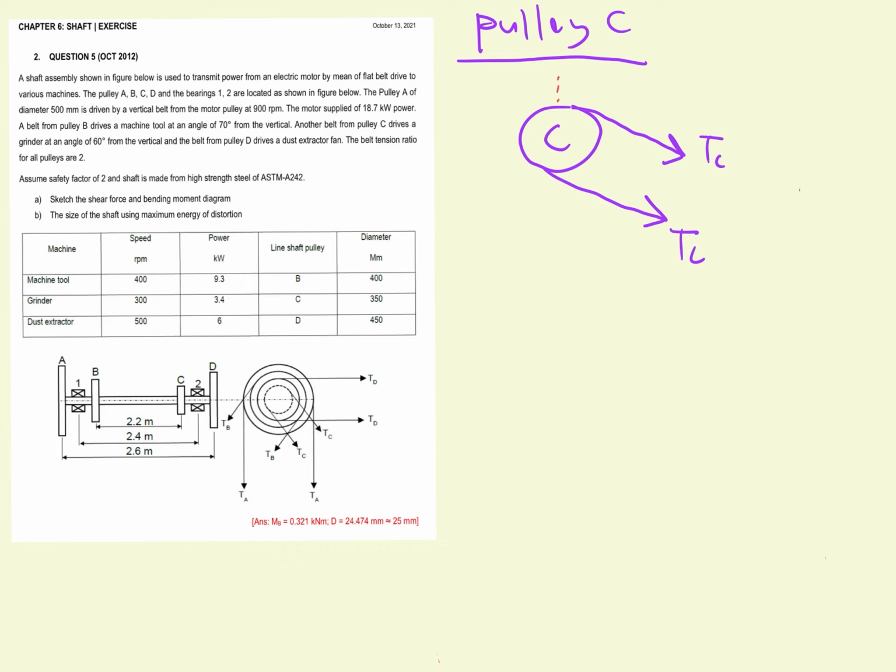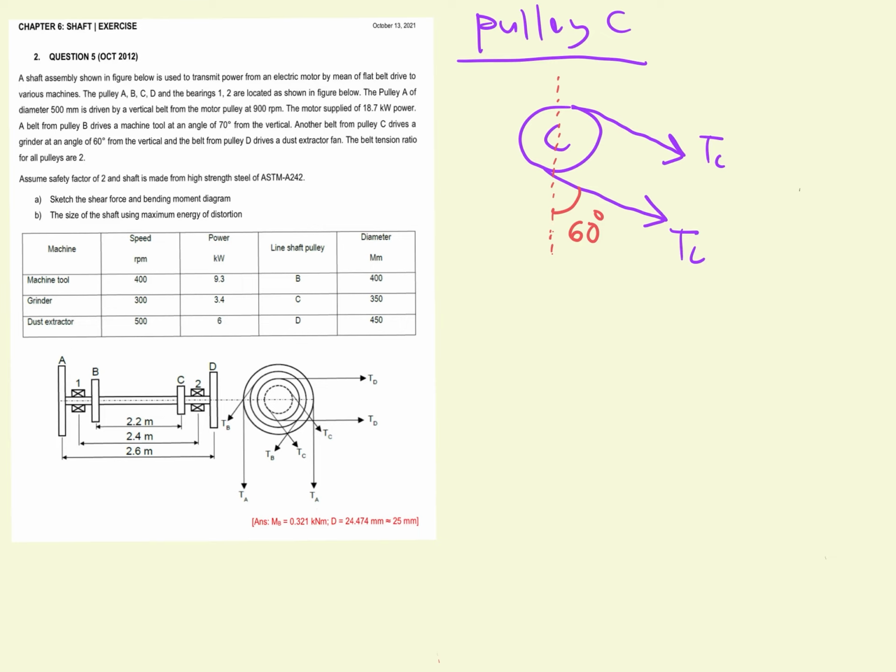So let's say this is the vertical, and the angle of belt TC to the vertical here is 60 degrees. We will use the same steps as before for pulley A and pulley B.